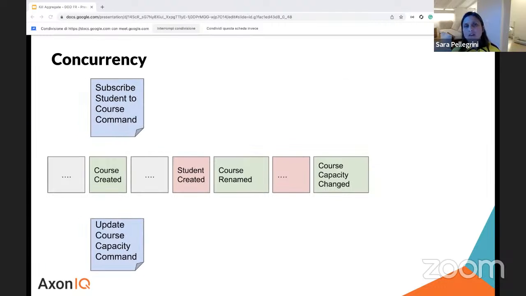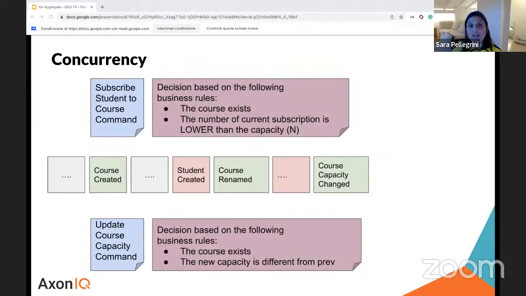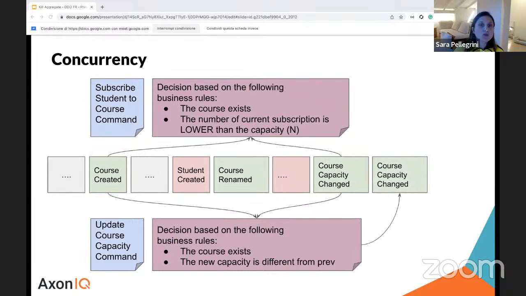But what happens if the system receives at the very same time the command to subscribe a student to a course and the command to update the course capacity of the same course? This time, the risk of collision exists. Both command handlers can simultaneously load the event streams to reconstruct their models. Suppose that the first block capable of publishing an event is the one related to the capacity update.